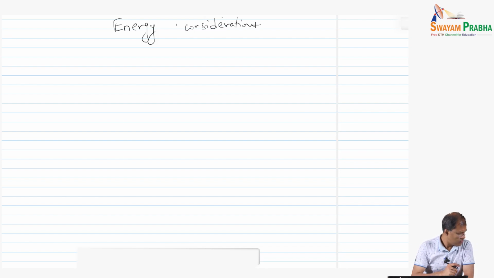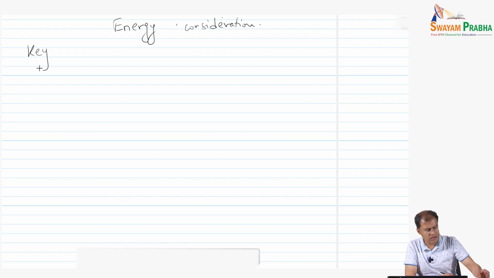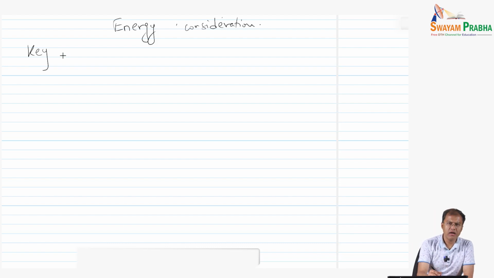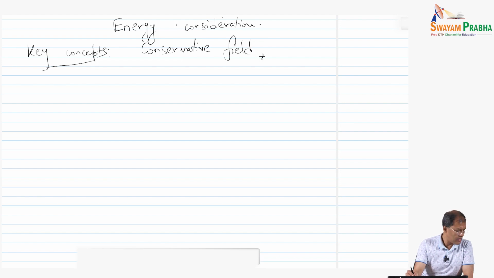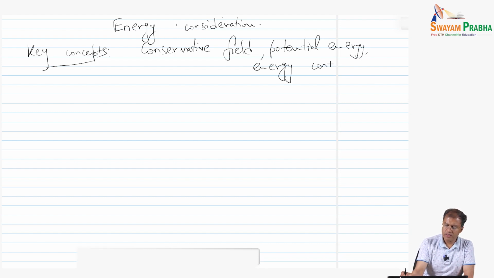We'll briefly cover this topic up to the end of this module, and we'll continue later on. The key concepts of this topic are going to be conservative fields, potential energy, and energy conservation.